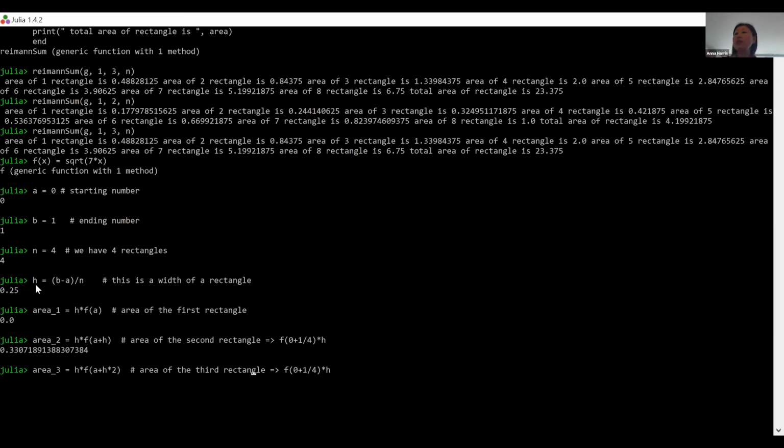Per rectangle, what that means? I'm adding 1 more of that. You can just say 1/4 times 2, or you can do 1/4 again, like that. You can think of this like you're adding another width.